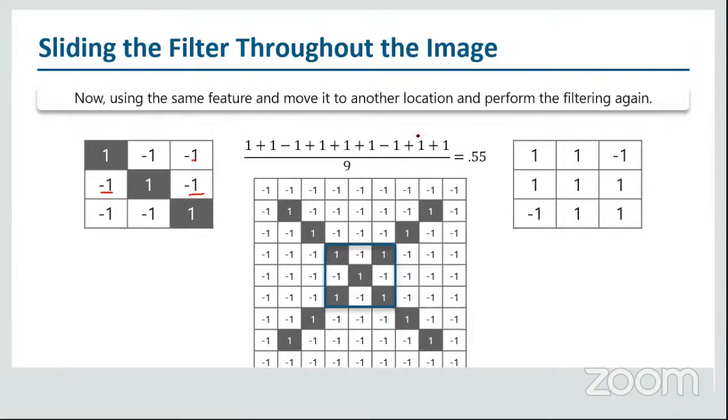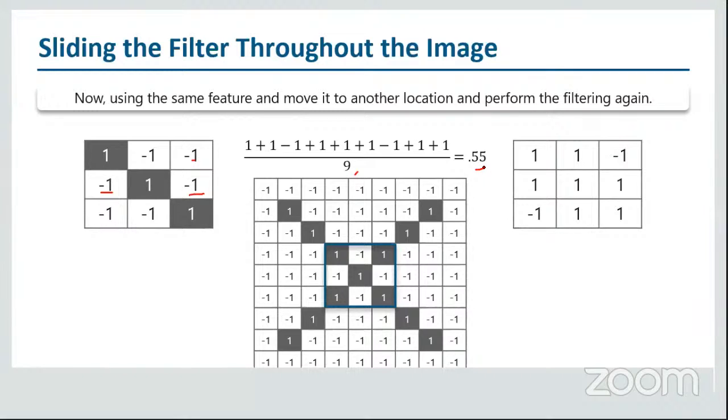Now, if you see, I did not get all ones like what I got previously. Now I get 1, 1, minus 1 in this 3 cross 3 matrix. Therefore, the sum of all of this divided by 9 gives me 0.55. It did not give me 1 like previously.